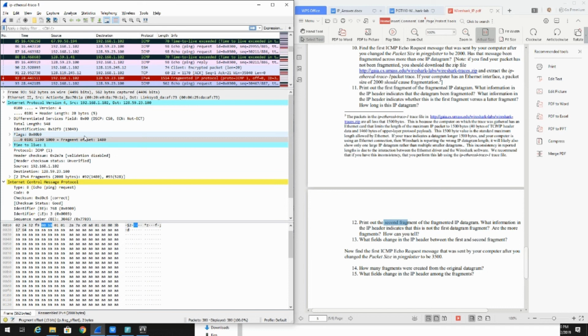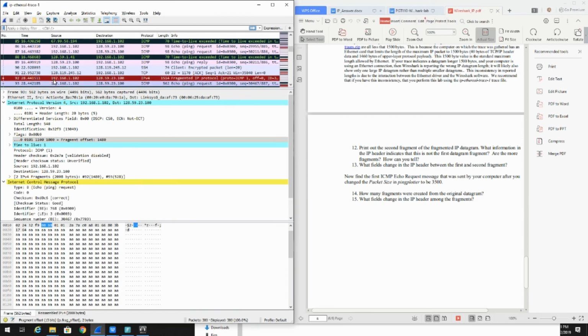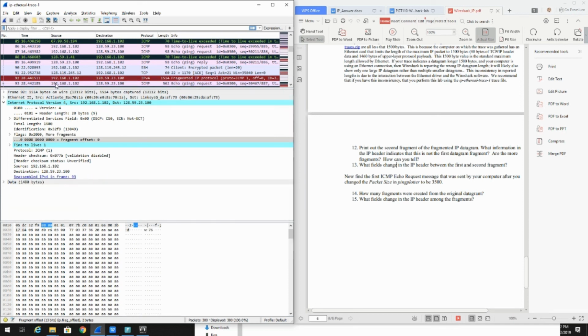For number 13, what fields changed in the IP header between the first and the second fragment? The fields that changed are the total length, the flag, the fragment offset, and the header checksum.